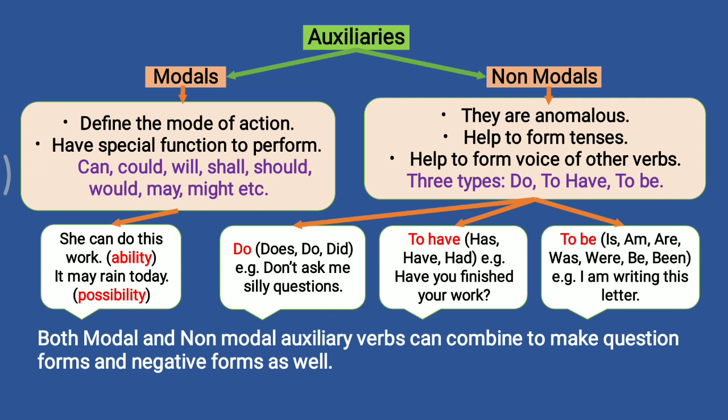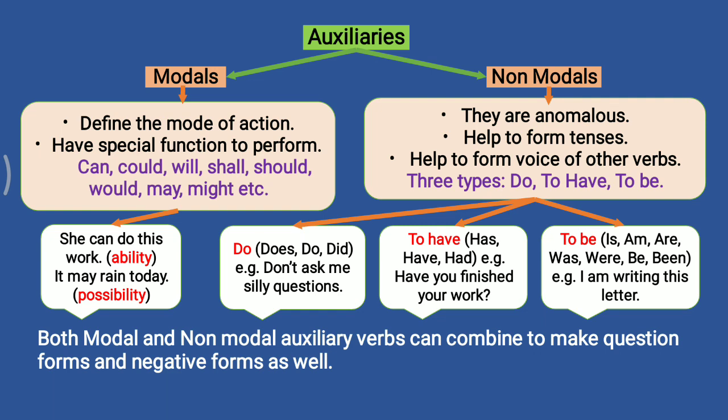Let's take some examples. She can do this work. Dear students, can is used here. It shows an ability. It may rain today. In this sentence, may is used and it shows possibility.